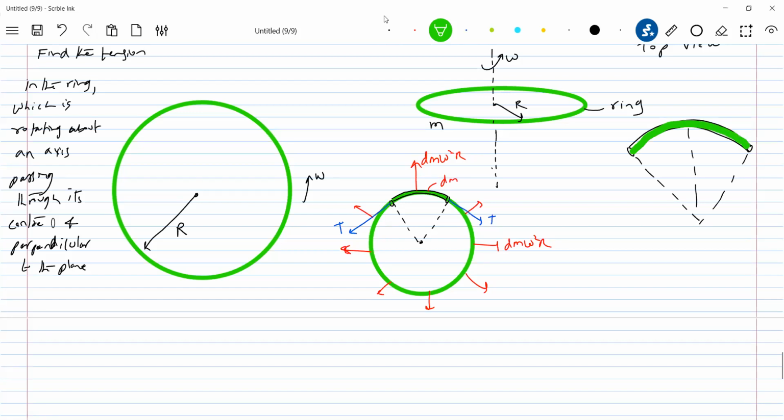Now let the mass of this be dm or delta m. Let it be r, this angle is theta, this is theta. So the tensions here should act tangentially.